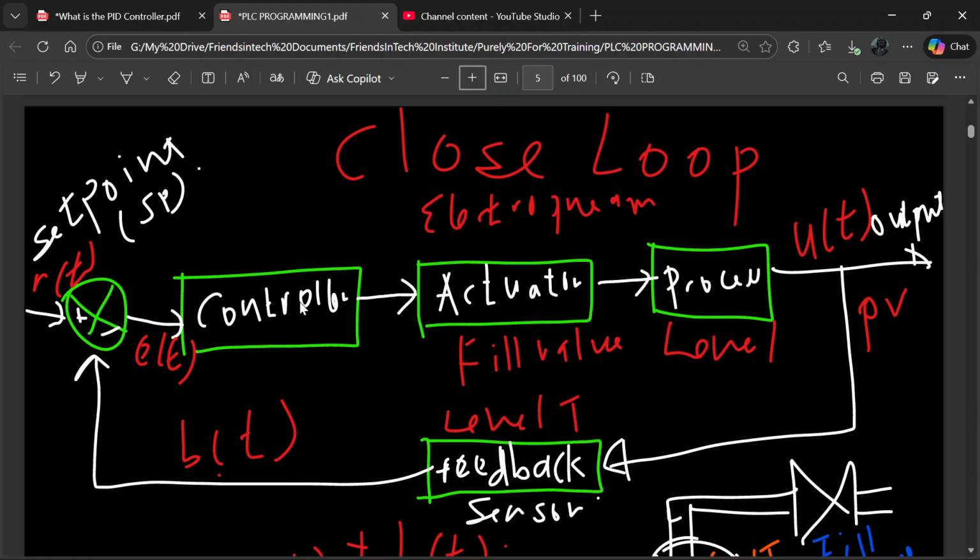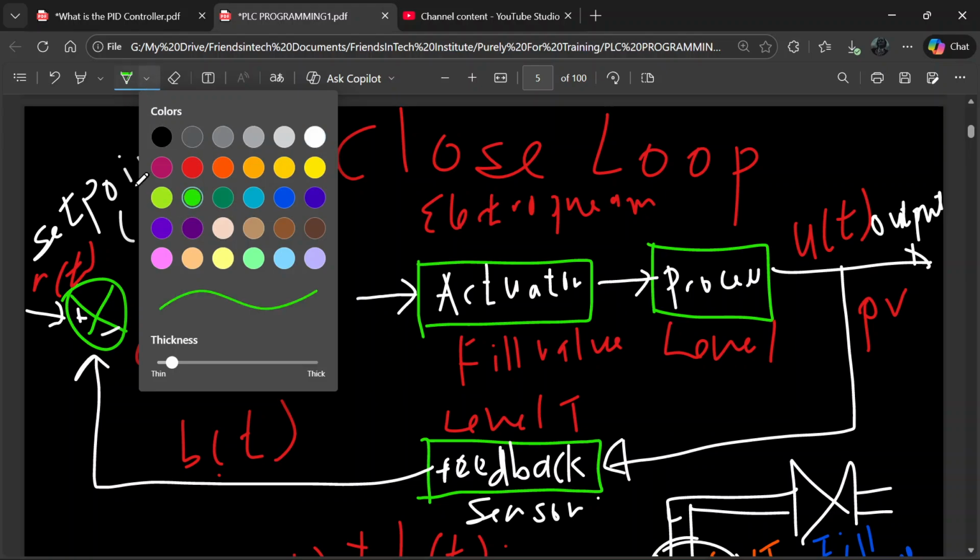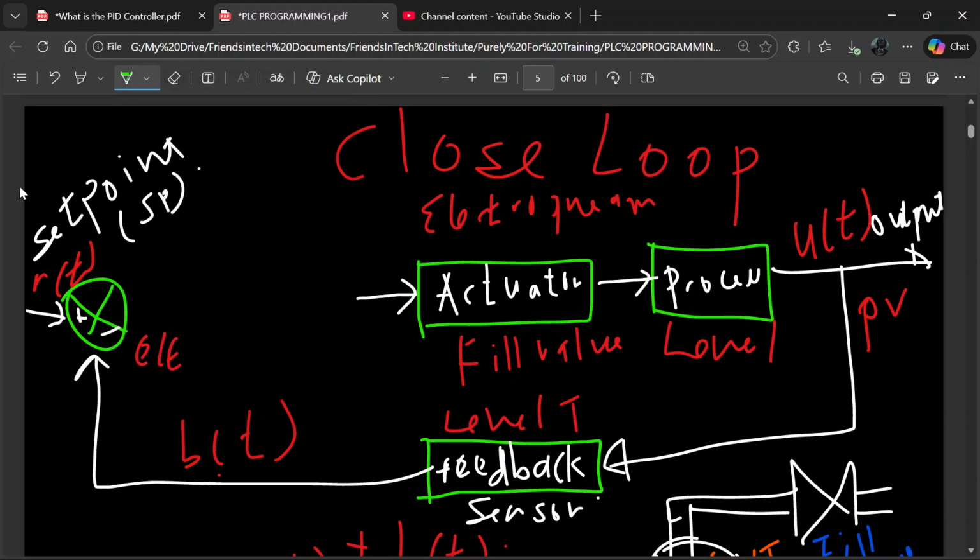Now, I want you to imagine that instead of calling this just a controller, let's call it a PID controller. Instead of calling it just controller, let's be specific and call it PID controller.